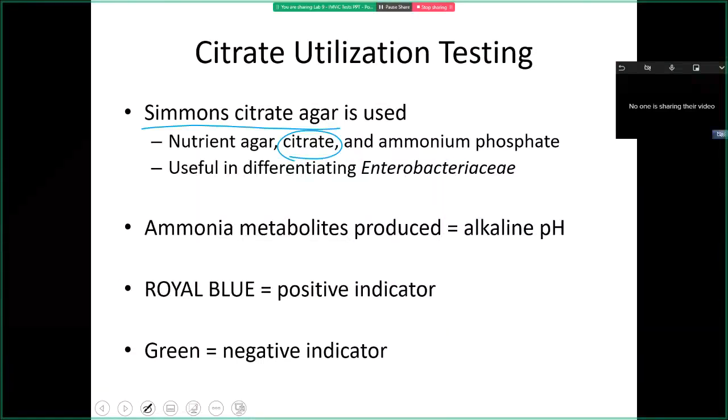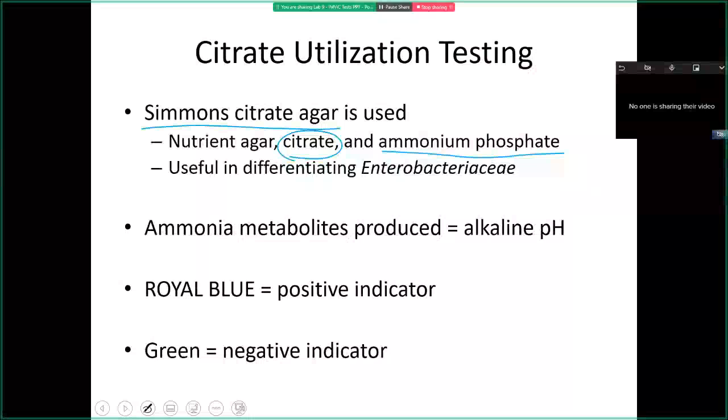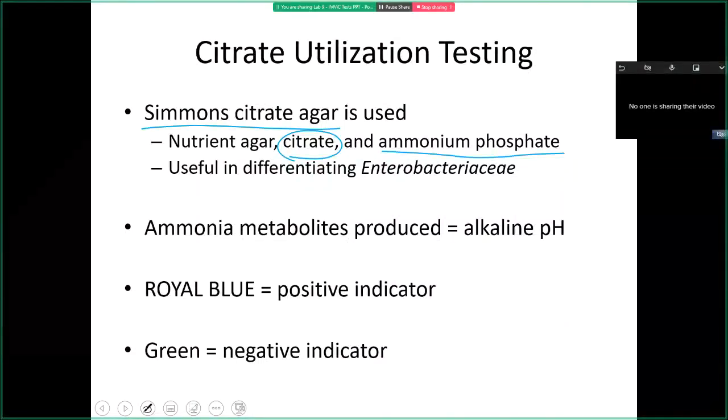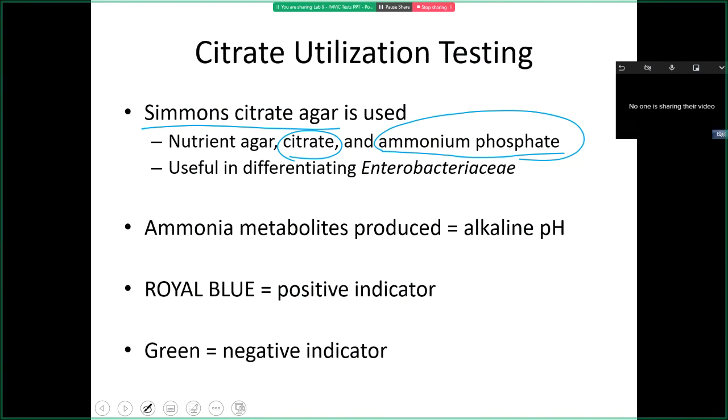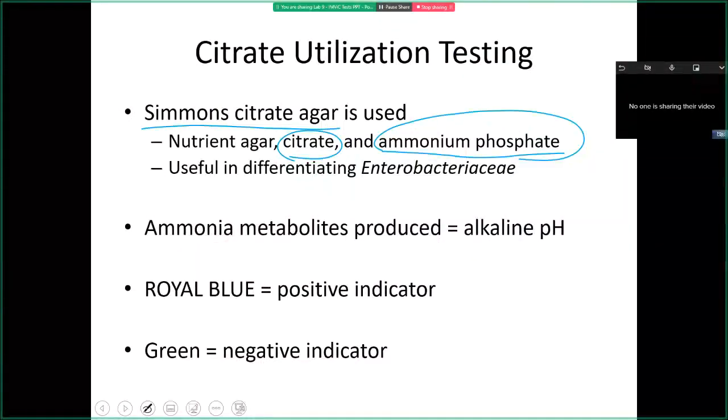And then it's got a pH indicator, right? It has ammonium phosphate, which when it's metabolized will produce products that raise the pH, elevate the pH. Okay? It goes way high above neutral.